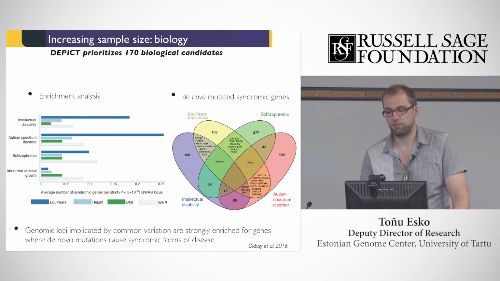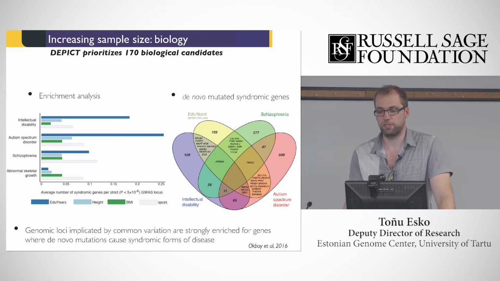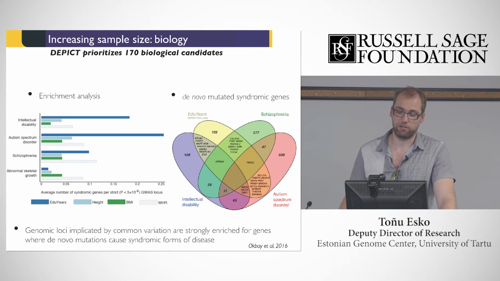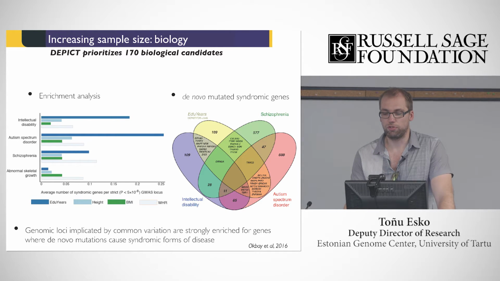Then we took those genes and looked at the overlap with the genes that were linked to different conditions and have de novo mutations, which means that they're not present in the parents but just occur. And quite, again, not surprisingly, we observed very strong overlap with all those different conditions.